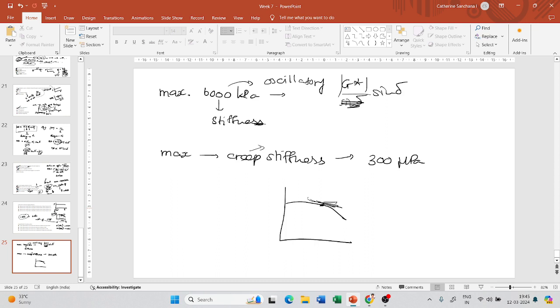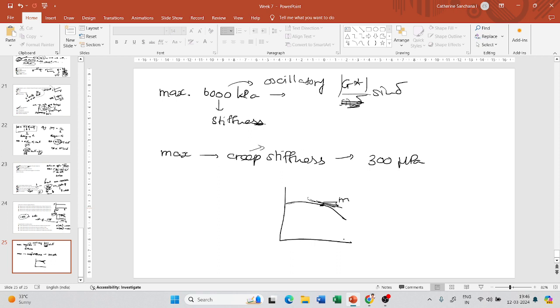Why do you think there is a need to mention the slope, and why do you think they have given a minimum criteria for it? There's only one reason. We might think that if the stiffness is varying very slowly, then it is better, right?